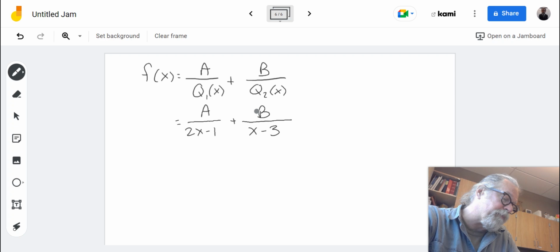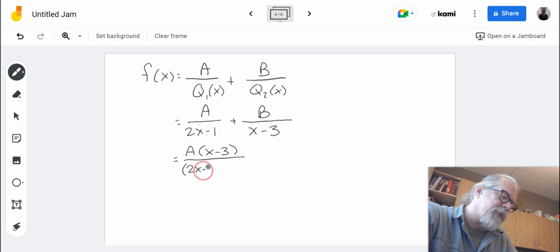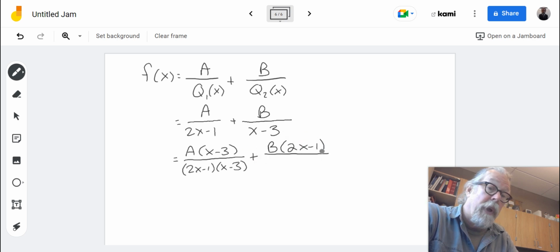A and B. But what I do know is that to get back to the original function, I could multiply the first fraction by x minus 3, and I could multiply the second fraction, top and bottom of course, by 2x minus 1.